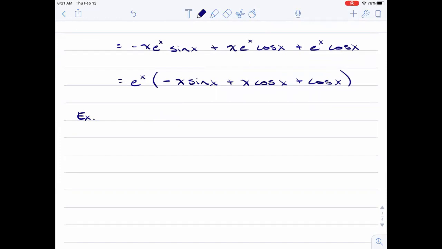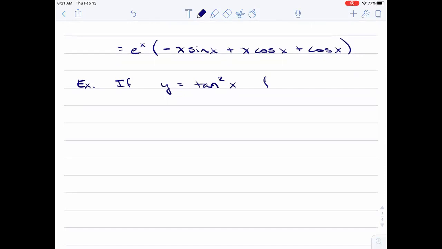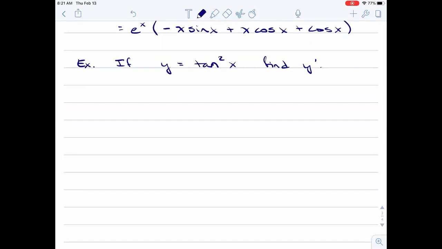How about another example? If y is tan squared x, find y prime. Tan squared x, remember, is just tan x times tan x.